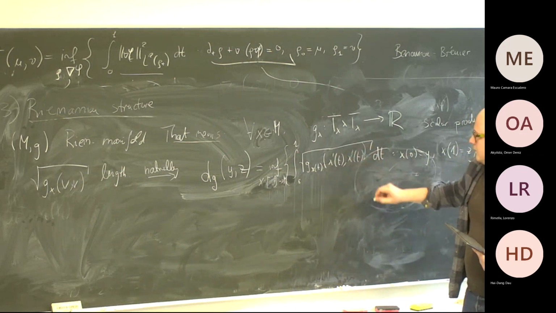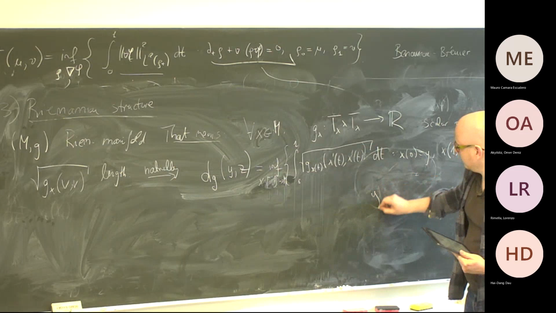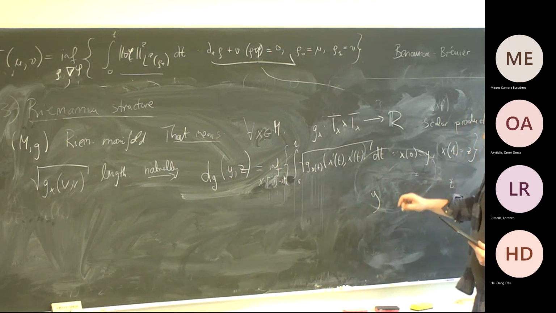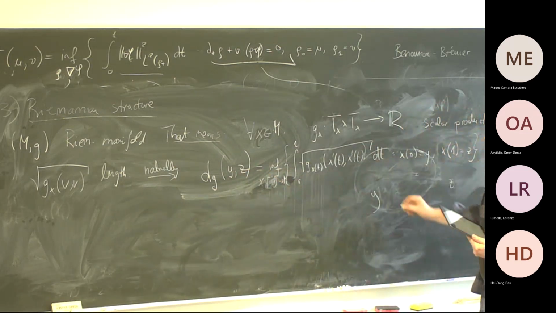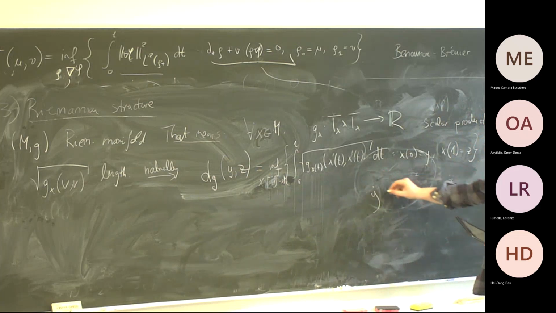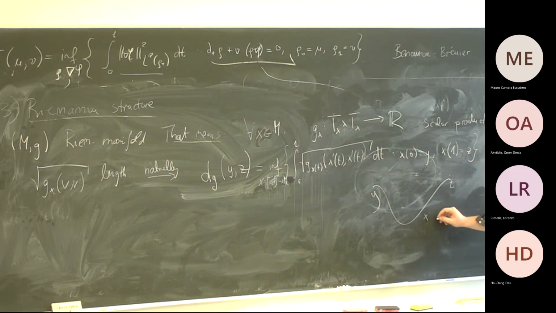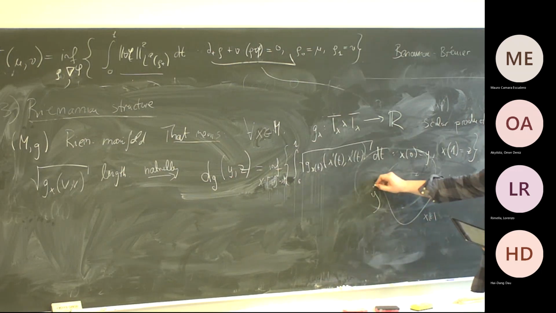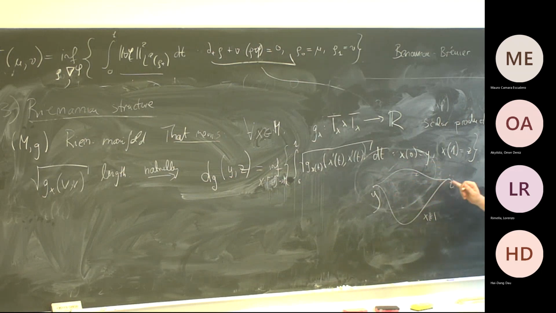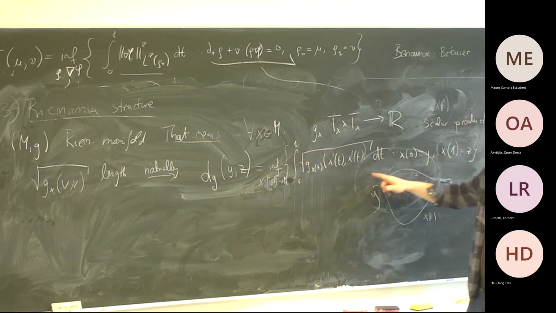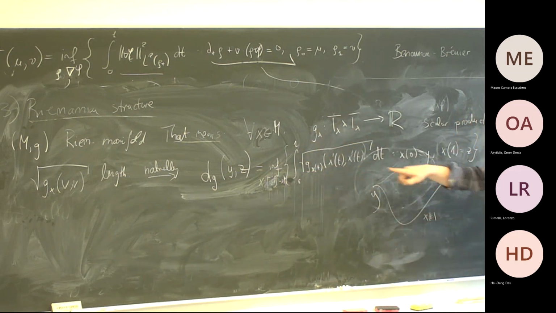Yeah. Okay, so we had y, we had z. We look at curves x. So this would be one type of x of t, but then we get another one. So we consider it's a big space, right? But we only consider curves that start at y and go to z. And this is the length of this curve.